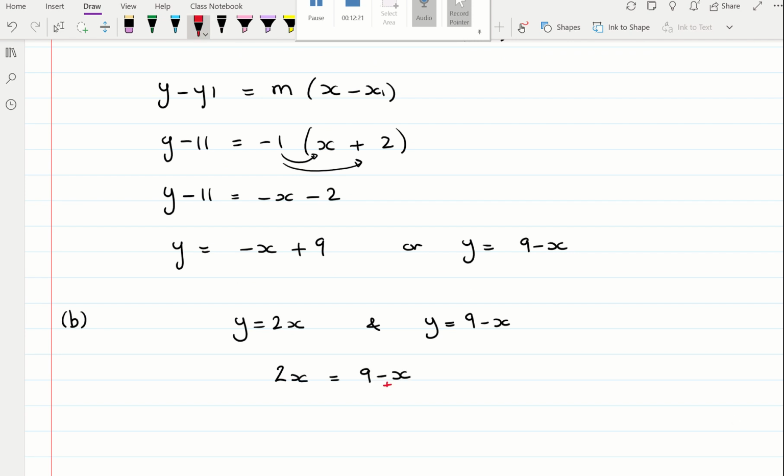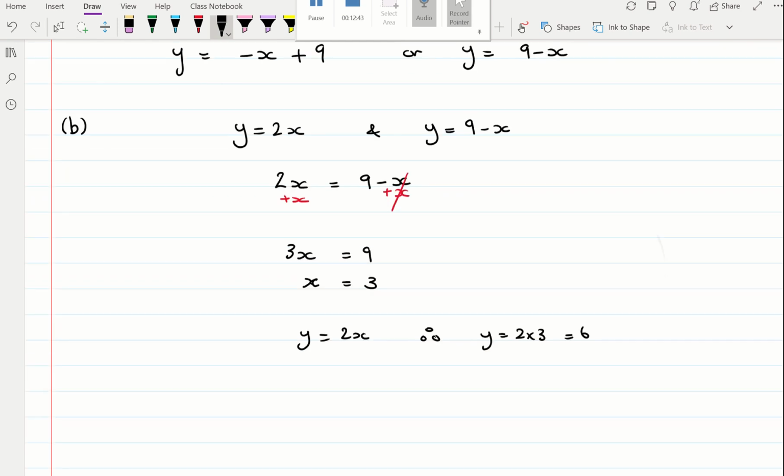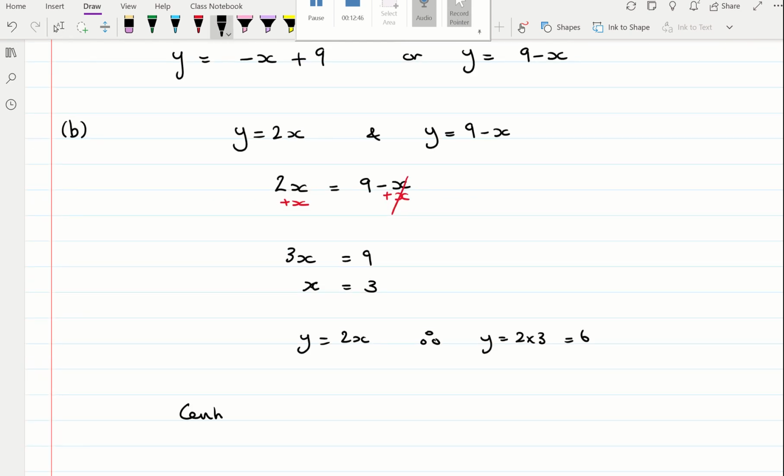I'm going to add x to both sides. 3x equals 9, which means x equals 3. And then I want to find y, because I'm trying to find the center. y equals 2x, therefore y equals 2 times 3, which is 6. So the center of the circle is (3, 6).